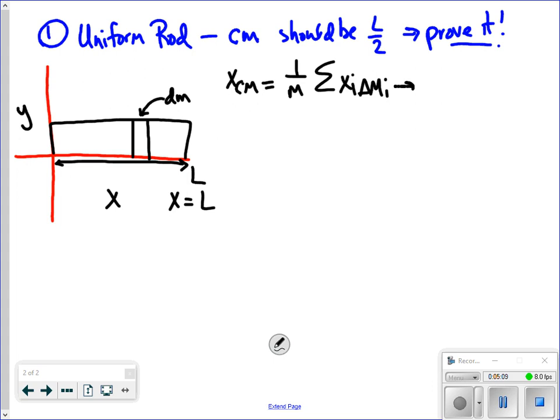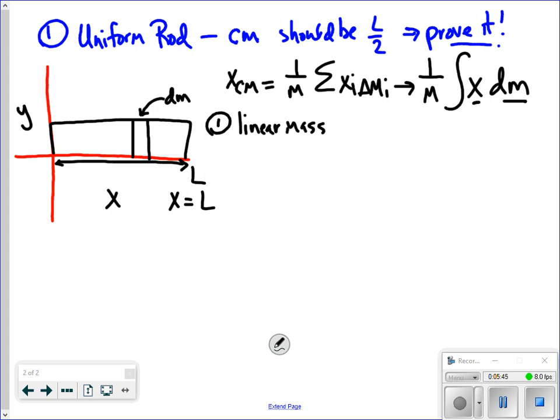Instead, what we're going to look at is still going to multiply by 1 over the total mass, but we're going to add up this little collection of small masses and the radii away from the origin. Okay, so since we're dealing with this object here that is extended, here's the first thing we're going to do. The first relationship we're going to look at is what we're going to call the linear mass density.